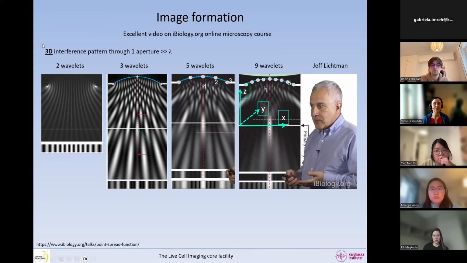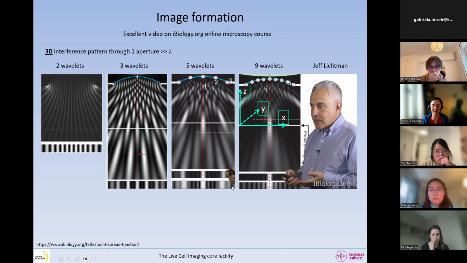So we have a 3D interference pattern that is formed because we have the edges of the objective. If we have only 2 wavelets, this is what we're recording when we put our sensor here. That's what we would record. If we put 3 wavelets, this is what we get. And you see we have a beautiful interference pattern. If we put even more wavelets, then you see that it becomes really complex.